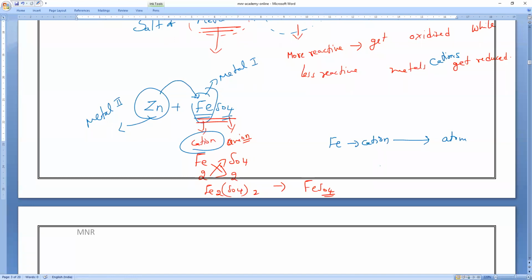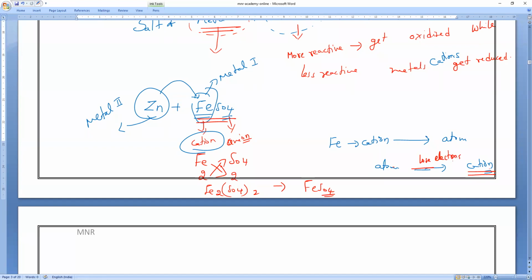See everybody, an atom turns into an ion by loss of electrons or gain of electrons? Am I right or wrong? Everybody, speak, guys. If I want to turn into a cation, it needs to lose electrons or gain electrons? Atoms turn into cations by loss of electrons.